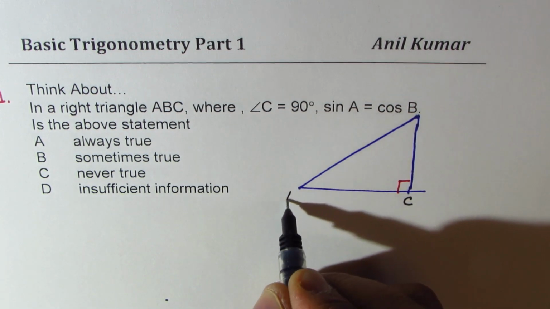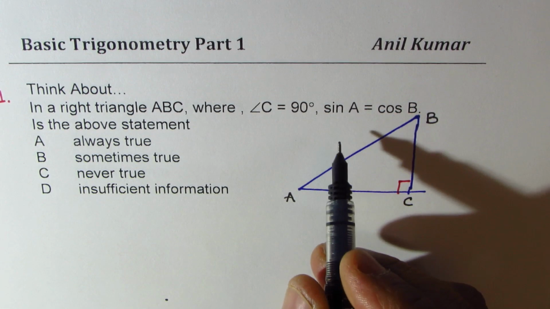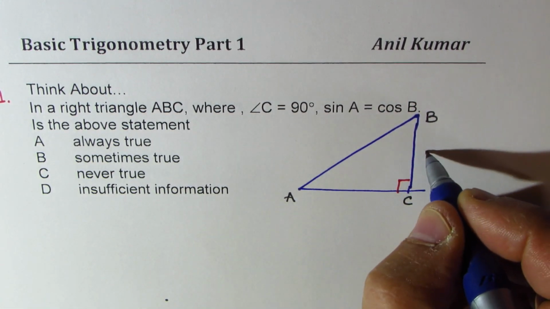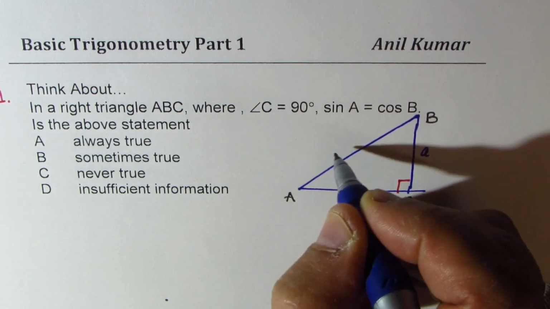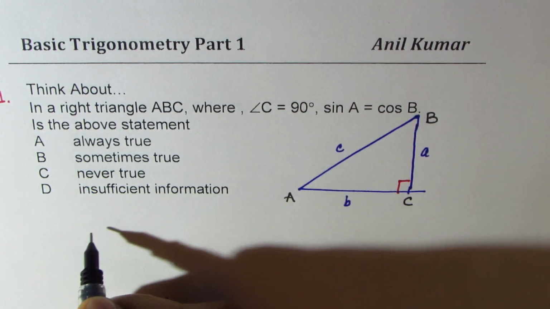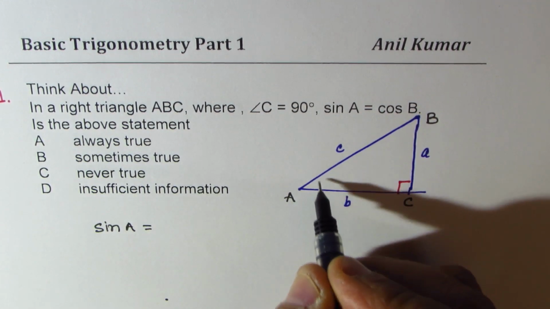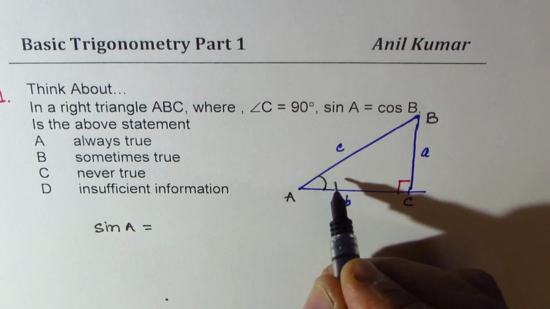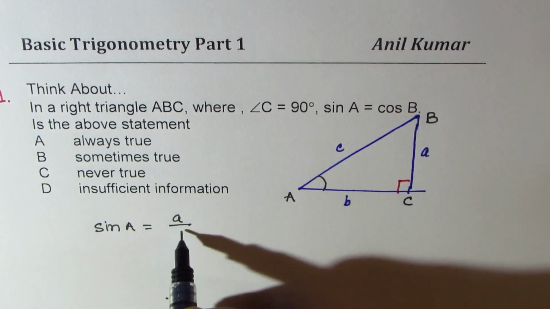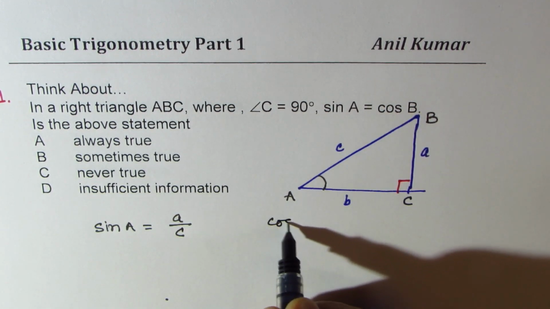C is 90 degrees, and let's say these two angles are A and B. So if the sides are A, B, and C, in that case, what is sine A equal to? Sine A is, looking from this side, opposite side A over hypotenuse C. How about cos B?